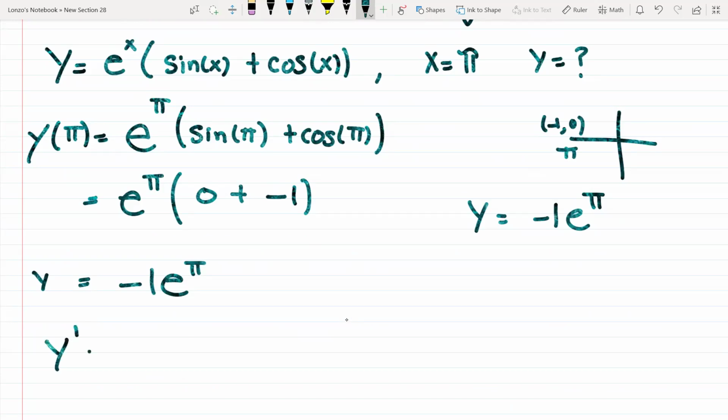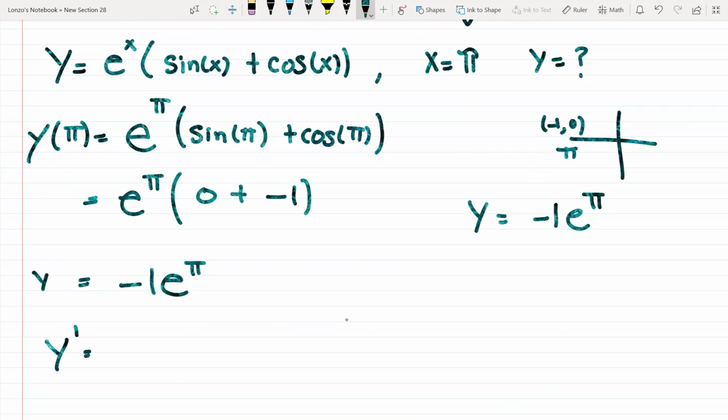How on earth would I find my first derivative? I would have no choice but to use the product rule. I wouldn't FOIL out the e to the x and then take the derivative of the individual terms, because that means more work. So let's apply the product rule.